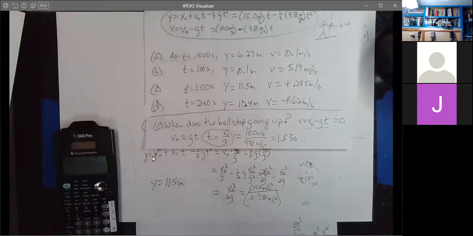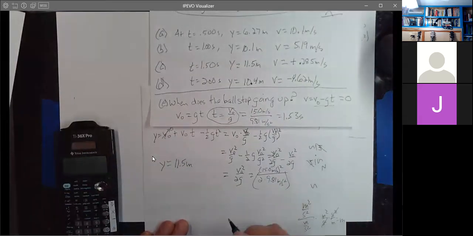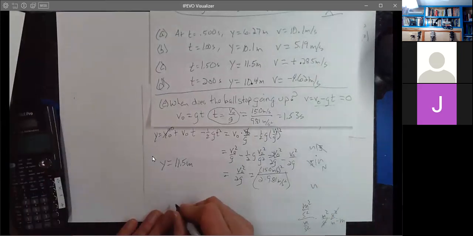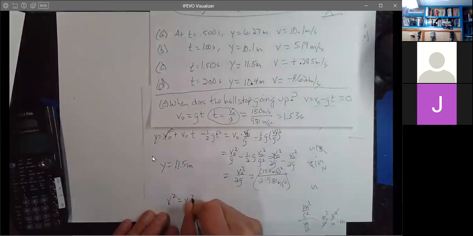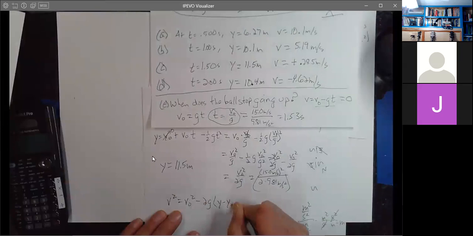So let me show you another way to do that last problem, how high it goes. If that's all you care about, there's that other equation that we didn't use yet. v squared is v naught squared minus 2g times (y minus y naught).